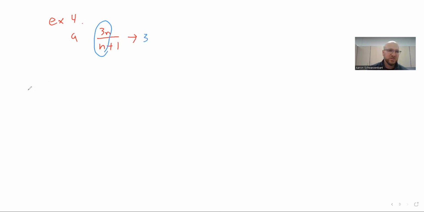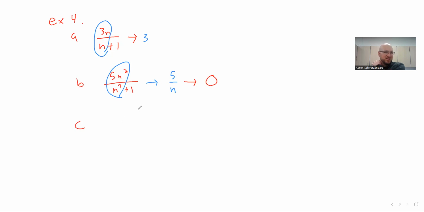Just reduce 3n over n to 3. Again, largest over largest gives me 5 over n. As n gets really large, that's 5 over a gigantic number, that goes to 0.